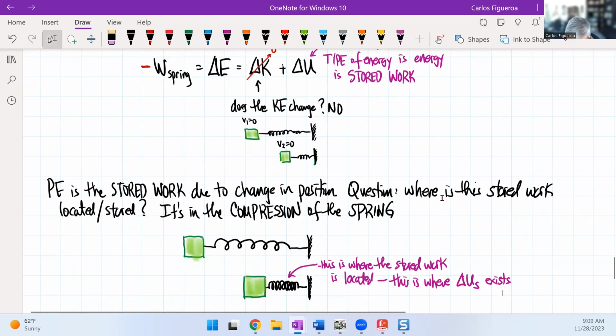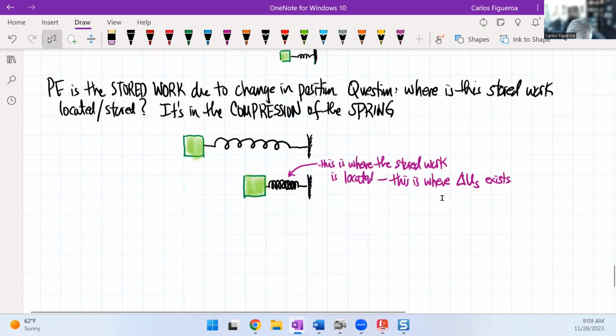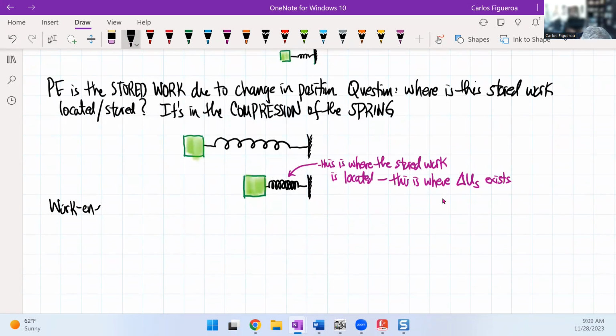So now we got to get to the details here. And what we're seeing here is that the work energy theorem then says that if I do negative work of the spring, this changes the potential energy of the system. Now we got to be careful about this because the language is really slippery here.